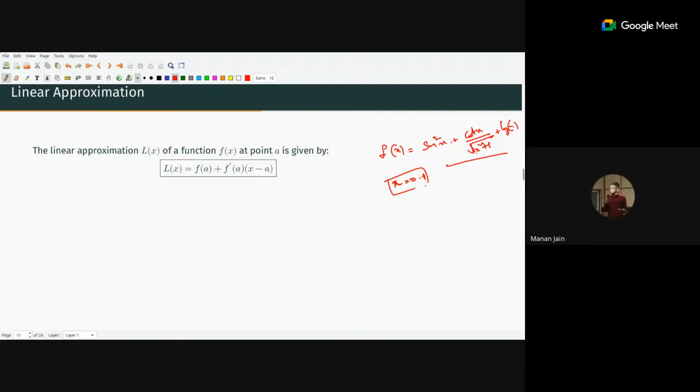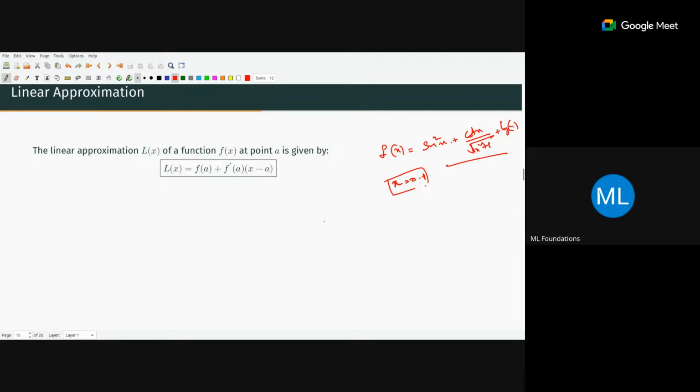So let's talk about linear approximation. This is basically an approximation. Instead of the function, whatever the function is, we will try to approximate it with a linear function, a straight line.